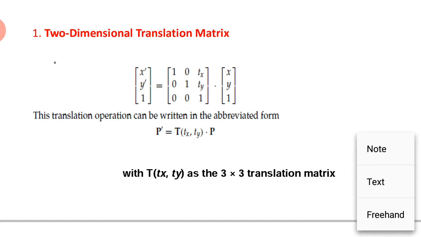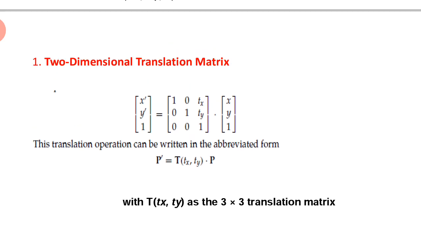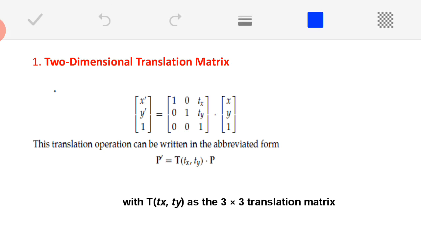How am I going to represent the translation in a homogeneous coordinate system? See here. This is my translation matrix: 1 0 t x, 0 1 t y, 0 0 1. The last row is what I have added. One row and one column I have added, and the first 2 elements of the third column I replace with the translation factors t x and t y.